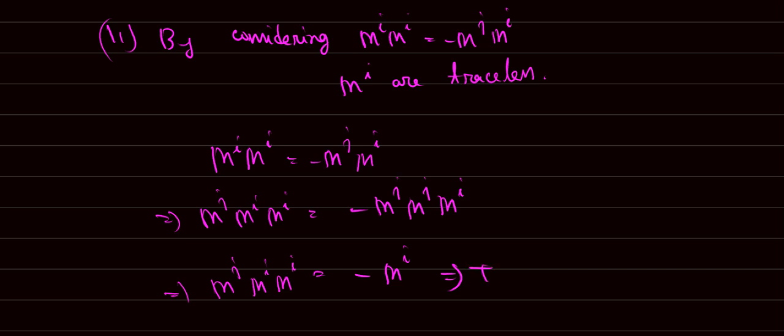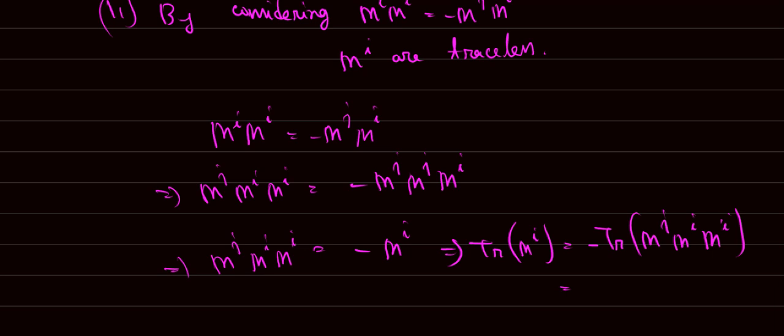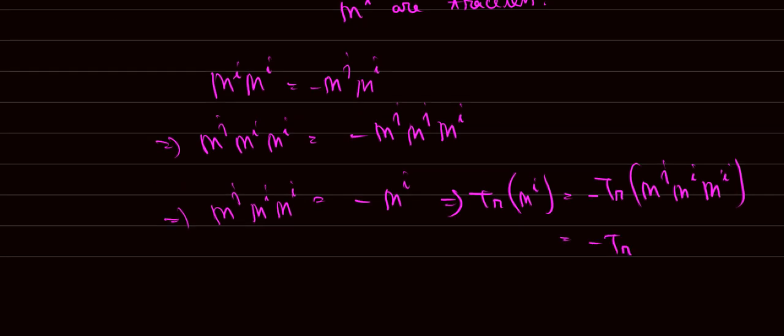Now if we take the trace, trace of M_i is minus trace of M_j M_i M_j. This is equal to trace of M_i M_j M_i.